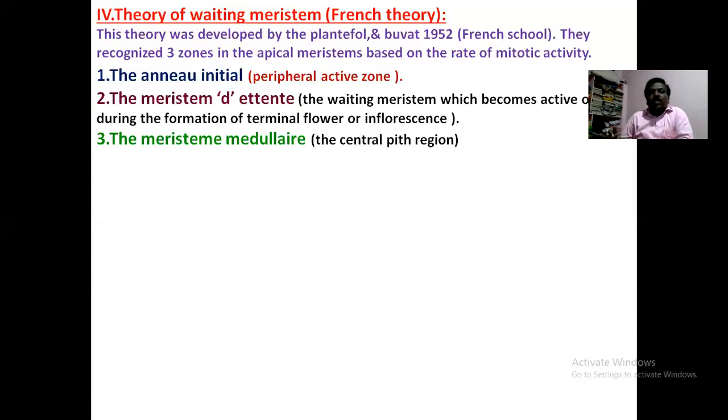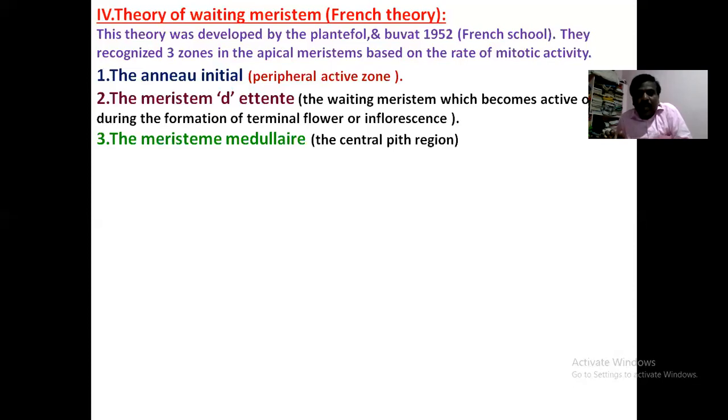The terminal flower or inflorescence is produced from this part of the meristem. It is also called the méristème d'attente.